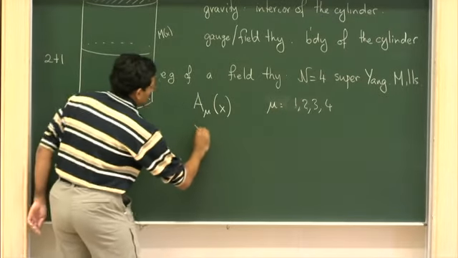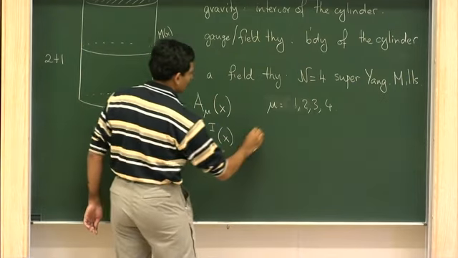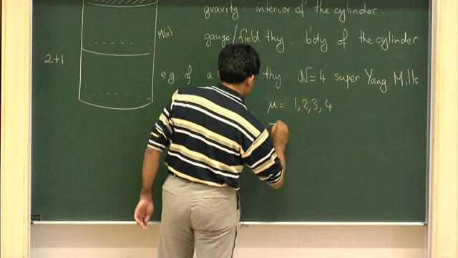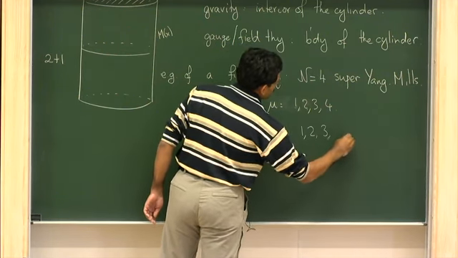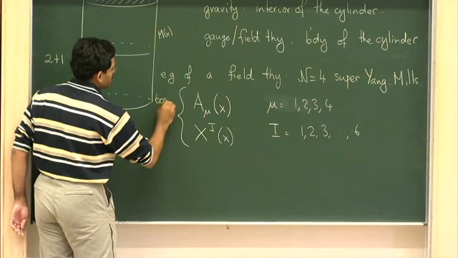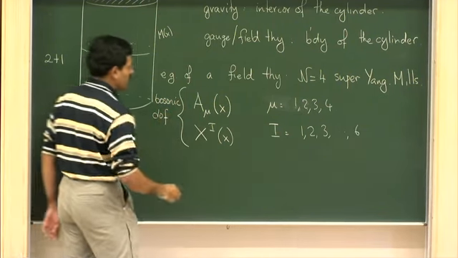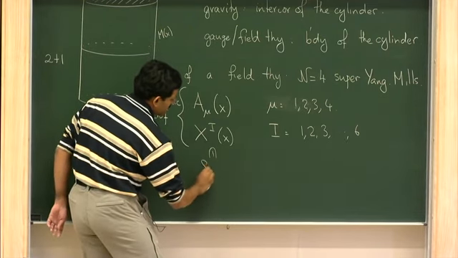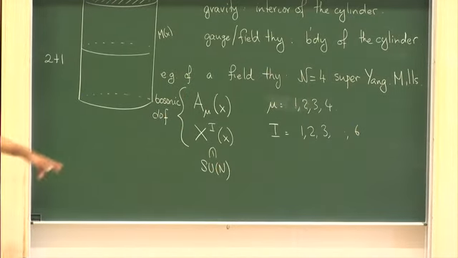And I have 6 additional matrices, and these are the bosonic degrees of freedom, and all these matrices are elements of SU(N).